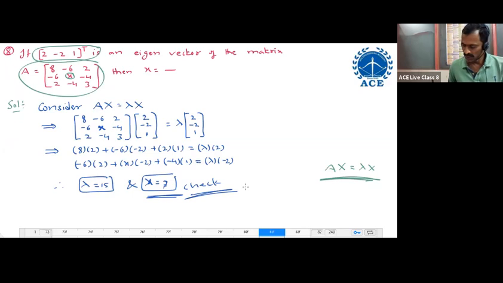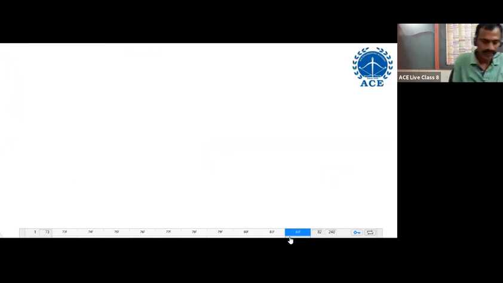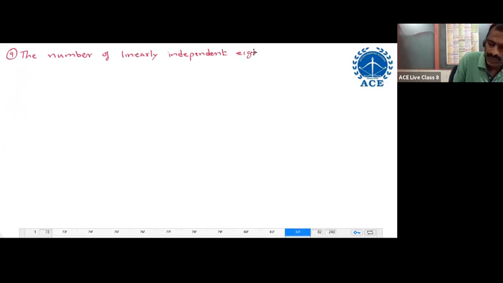This is problem number 8. Next, problem number 9. The number of linearly independent eigenvectors of a matrix A equal to the 3 by 3 matrix 1, 0, 7, 0, 2, minus 4, 0, 0, 9.